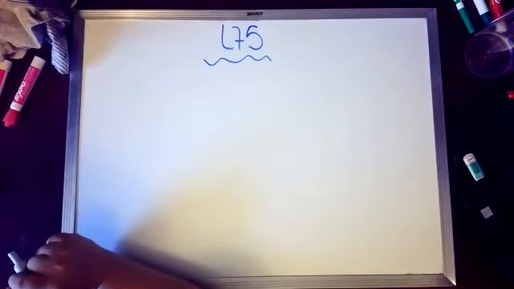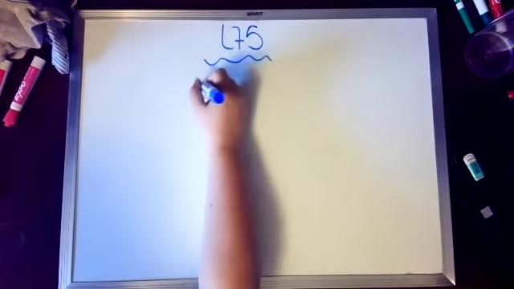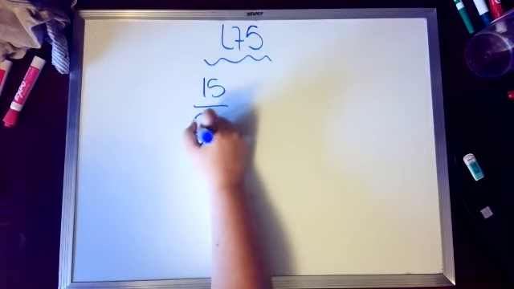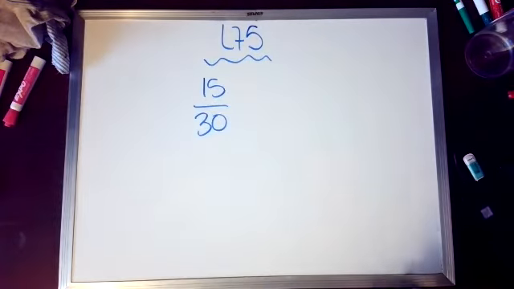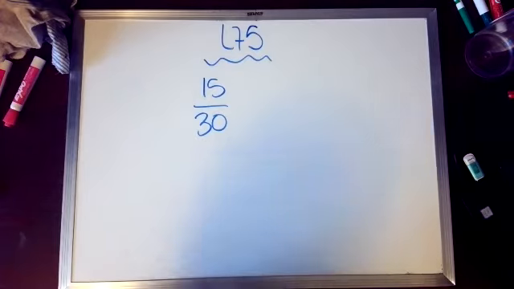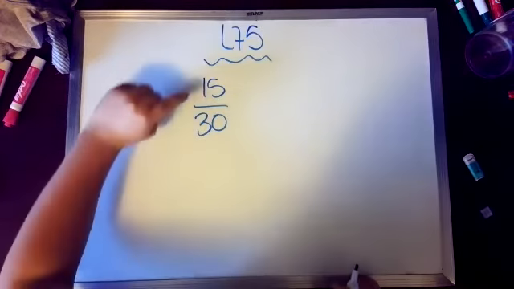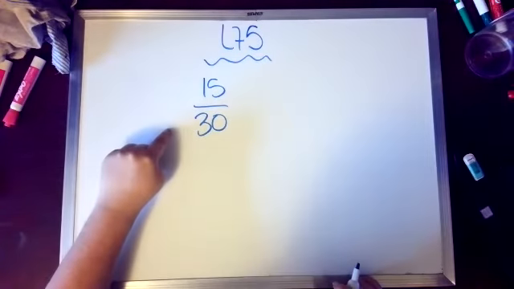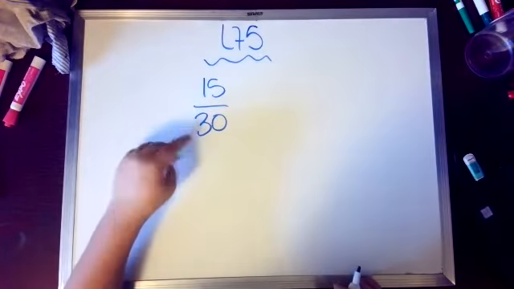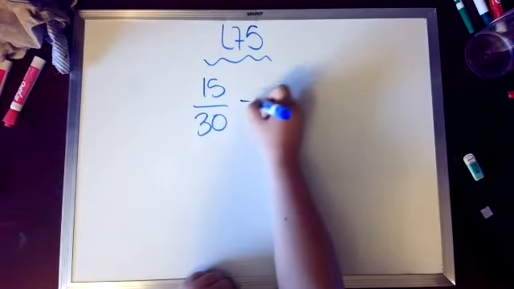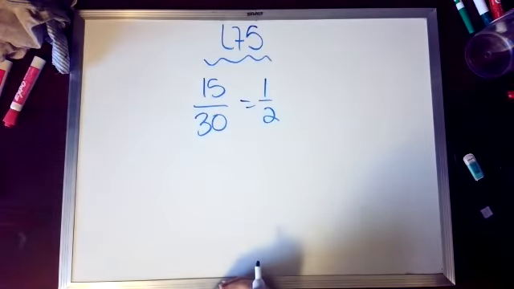Next one, if you have 15/30ths. Now this one might be a little bit different because you're saying, hey, wait a minute, I can't change 30 into 100. No, you can't. But if you notice, 15 is half of 30, which means 15 over 30 taken to its lowest terms is a half.